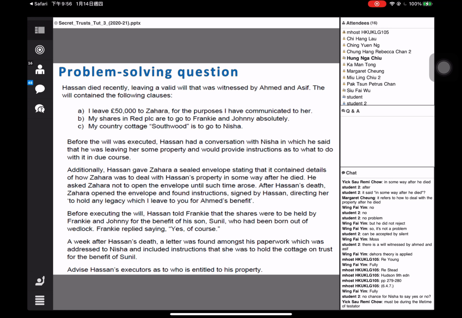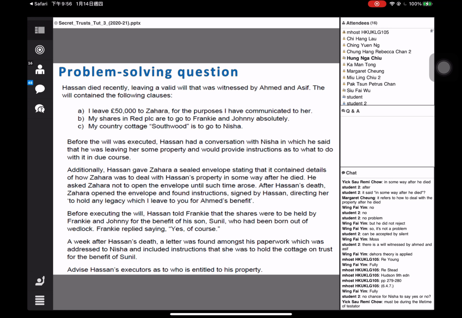And if you want some marks for this question, then you need to explain what would happen to the trust property, what would happen to the cottage. This trust fails. It's not valid.